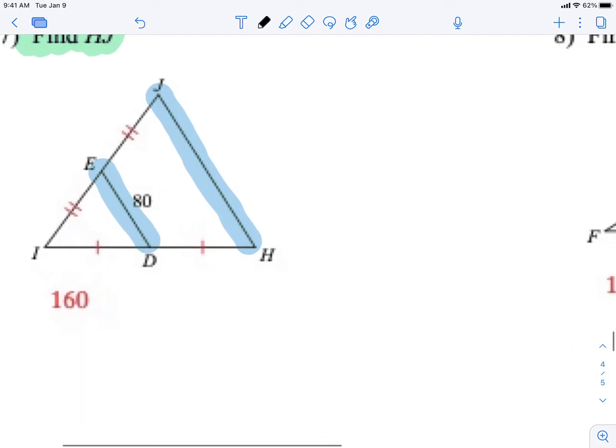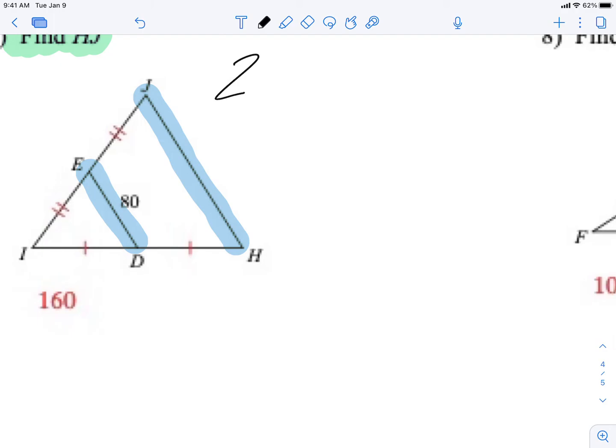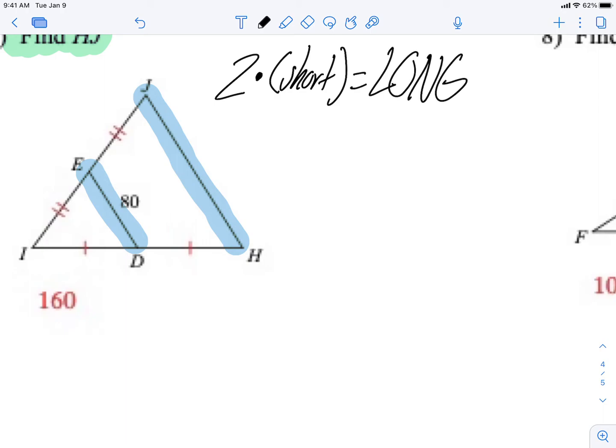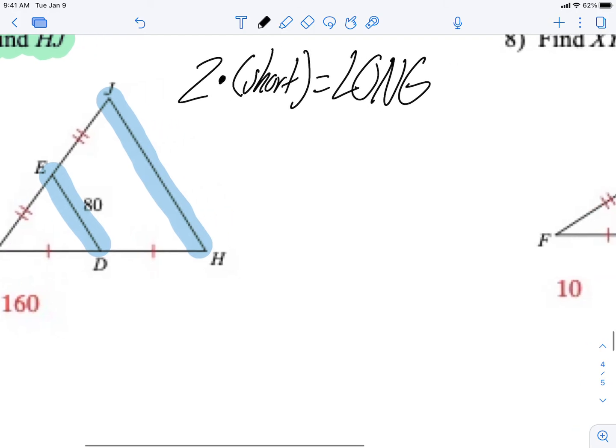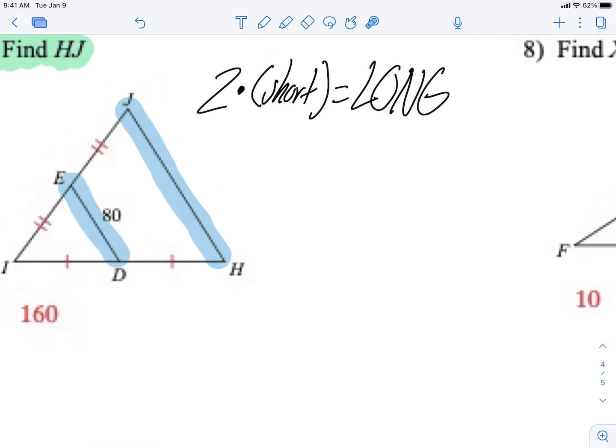So we remember that formula says 2 times the short segment is equal to the long segment. Right? So what 2 letters make the short segment? ED, or DE. So we say 2 times DE is equal to the long segment, which is HJ.